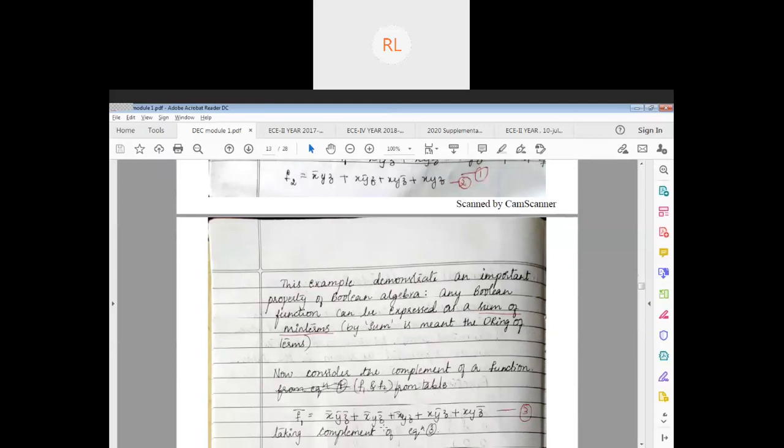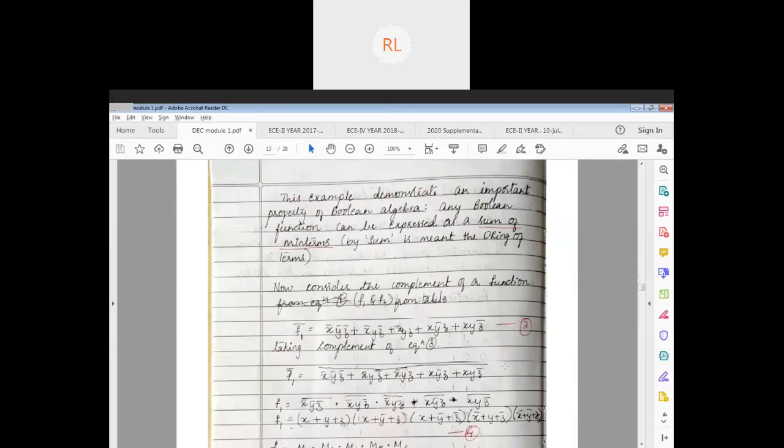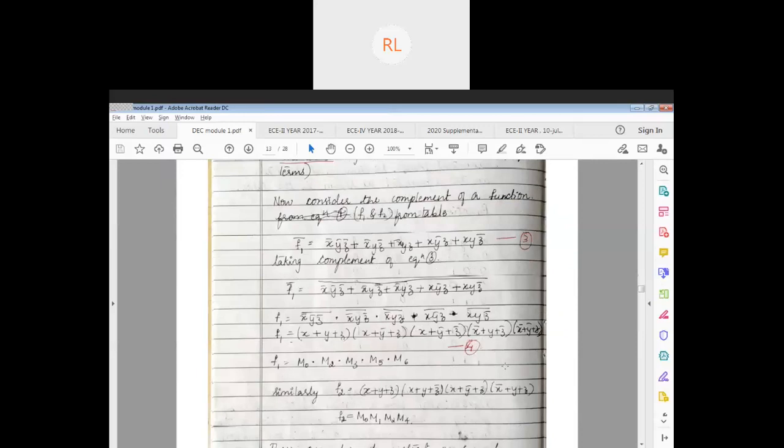So I will use the same f1 equation which is here. I will be writing the same equation down here, and I will be complementing it. So I'll be adding the whole bar. Once you add the whole bar, what is going to happen? I think all of you know De Morgan's theorem, right? If it is multiplication, it turns out to be addition.